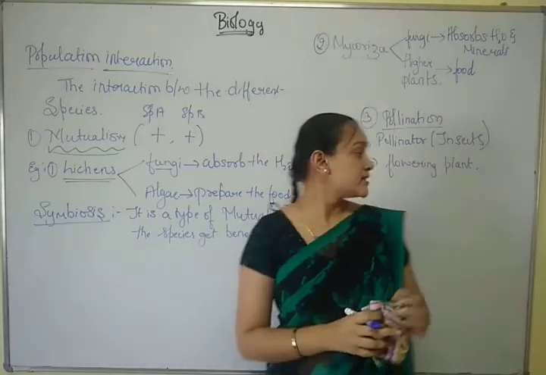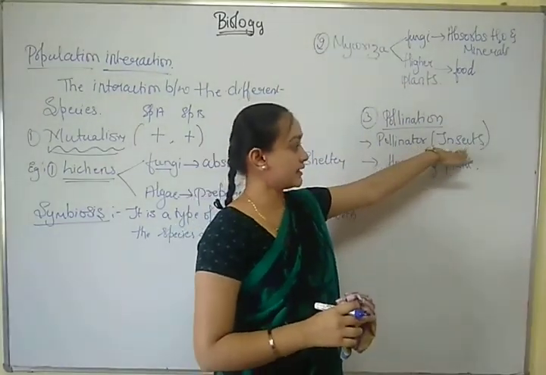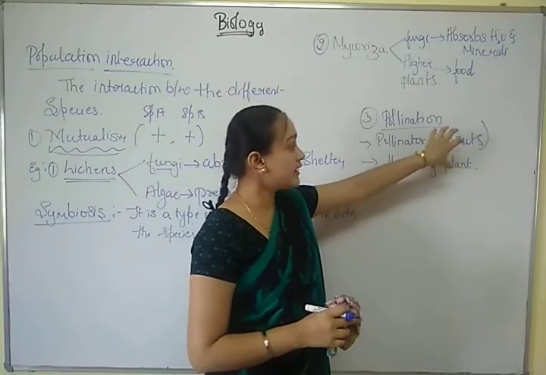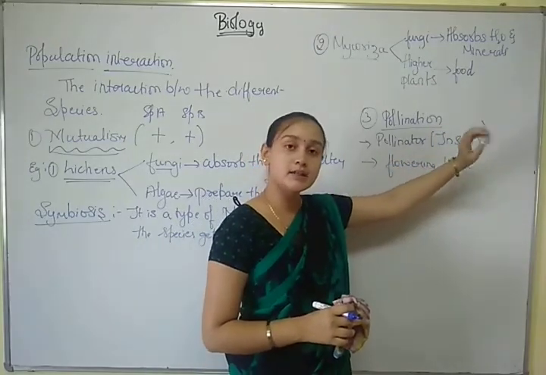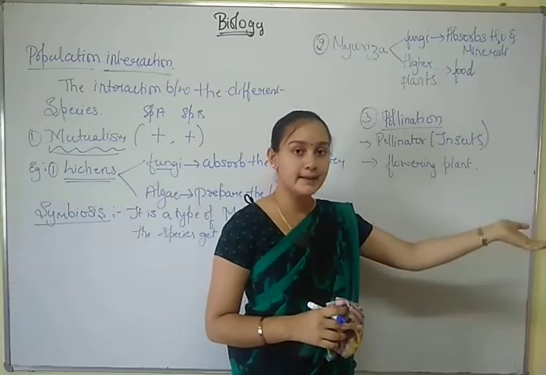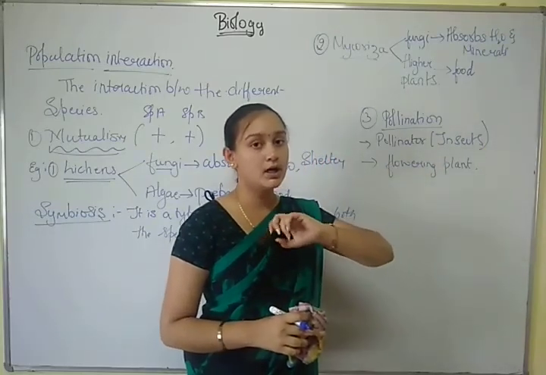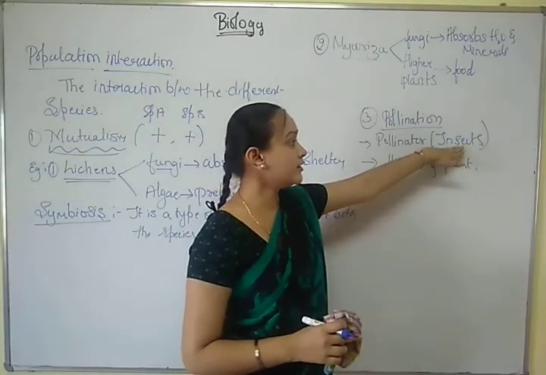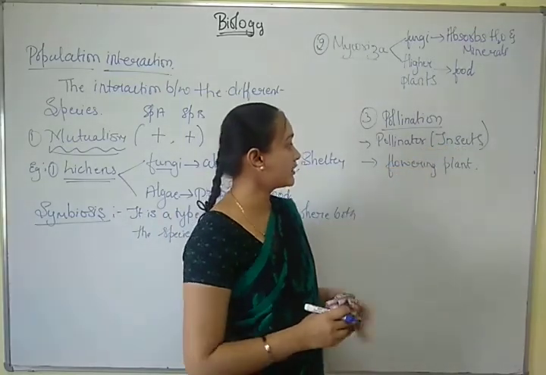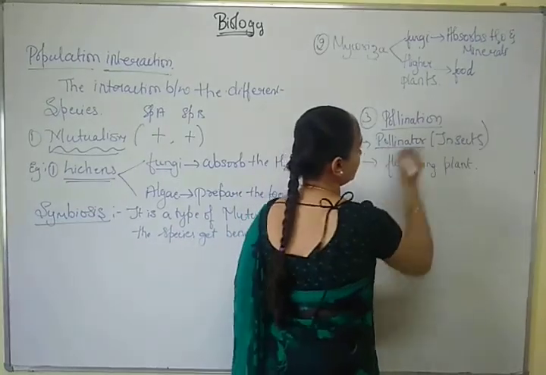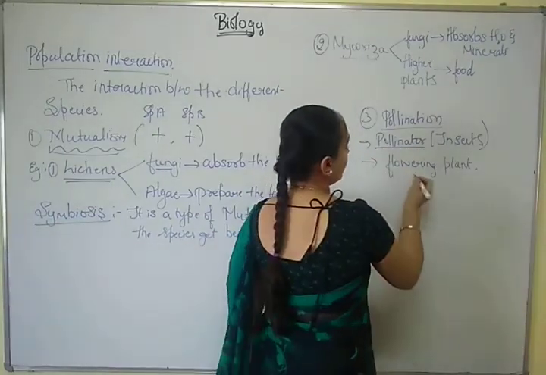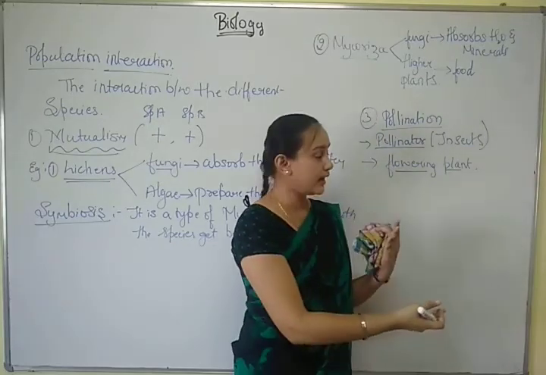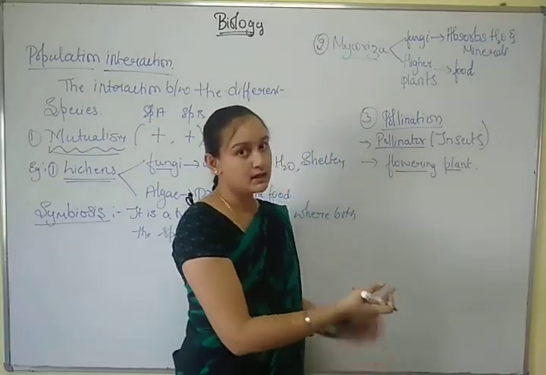Here the insect and the flowering plant help each other. The insect carries the pollen grains from the male plant to the stigma of a flower, so it helps in pollination. In turn, how does the flowering plant help the insects?